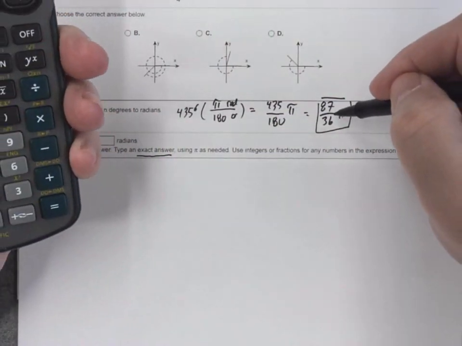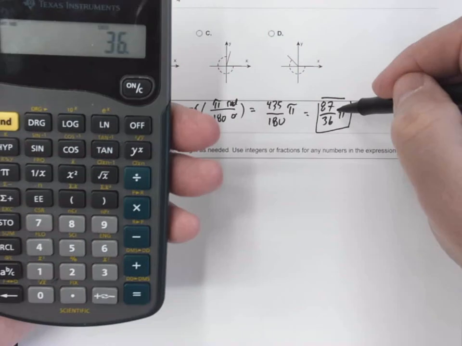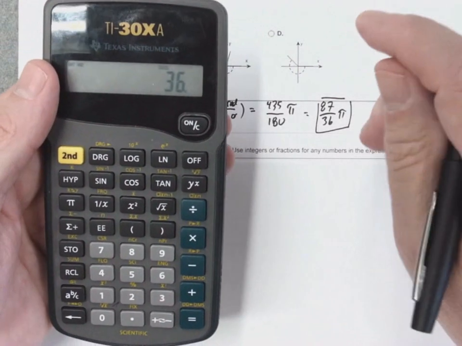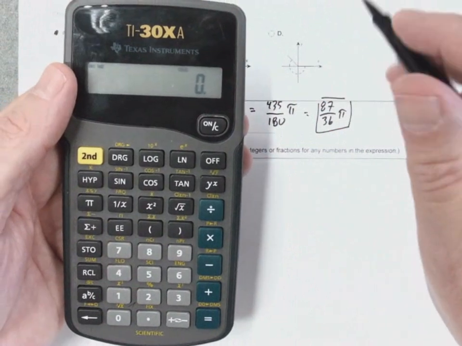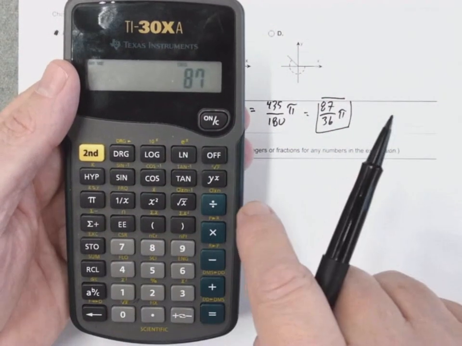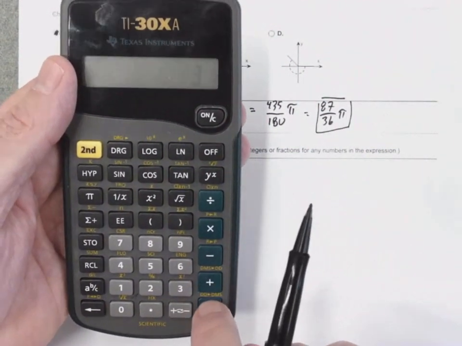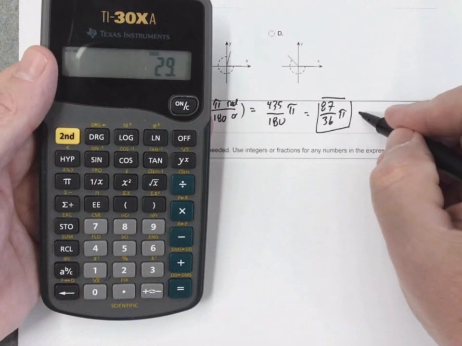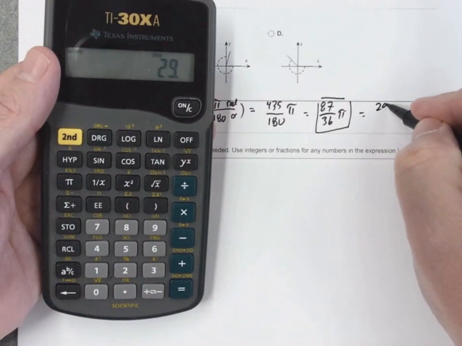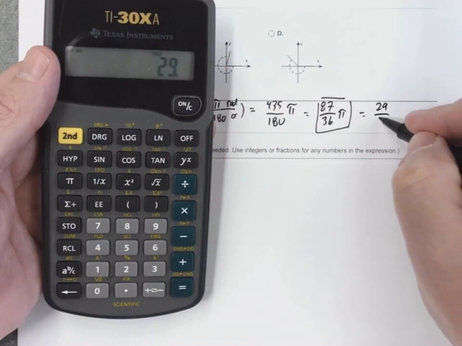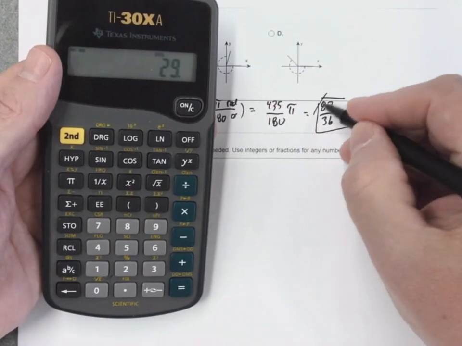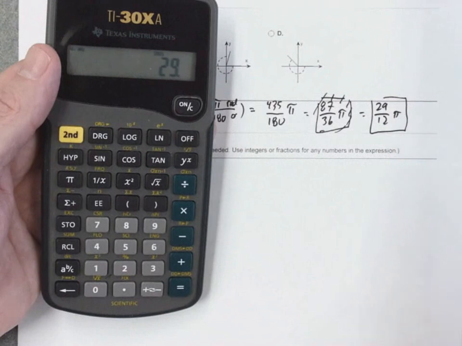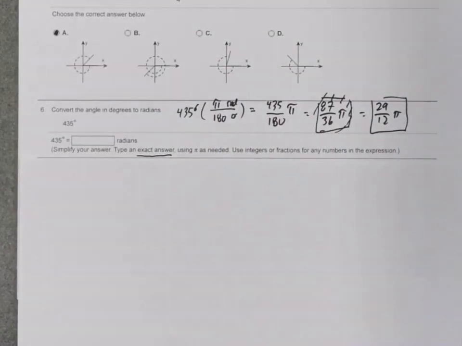If you had a problem like this and this was your answer, you would get partial credit. You would lose some points because you did not reduce it all the way. So 87 divided by 3 is 29, and 36 divided by 3 is 12. So this is actually the reduced answer. A little tricky.